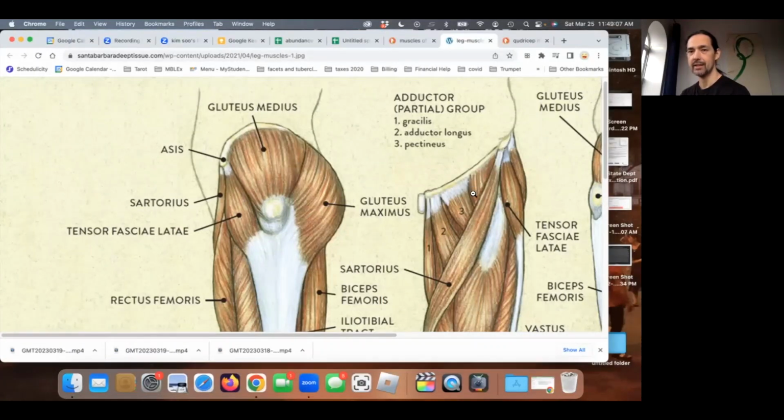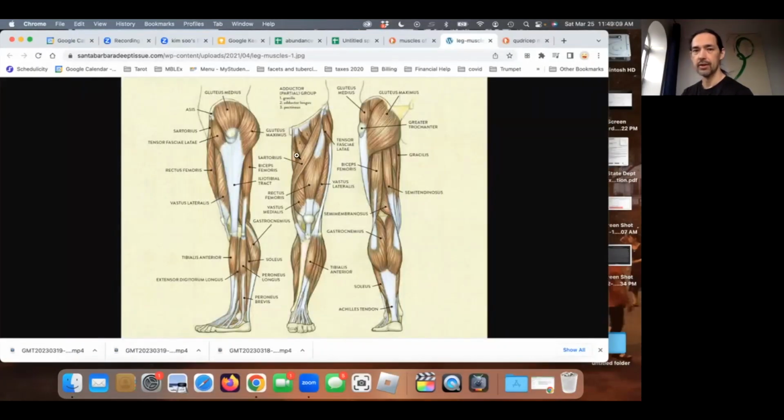The adductors are on the medial aspect, on the inside, so they bring the leg toward the midline. The glute max and the hamstrings are on the back, so it makes sense that they would bring the leg toward the back. That's extension. And then the quadriceps being in front, they bring the leg to the front. That's hip flexion.